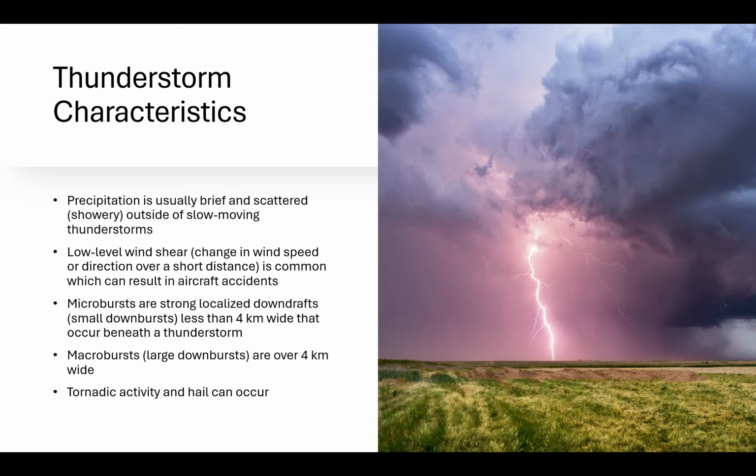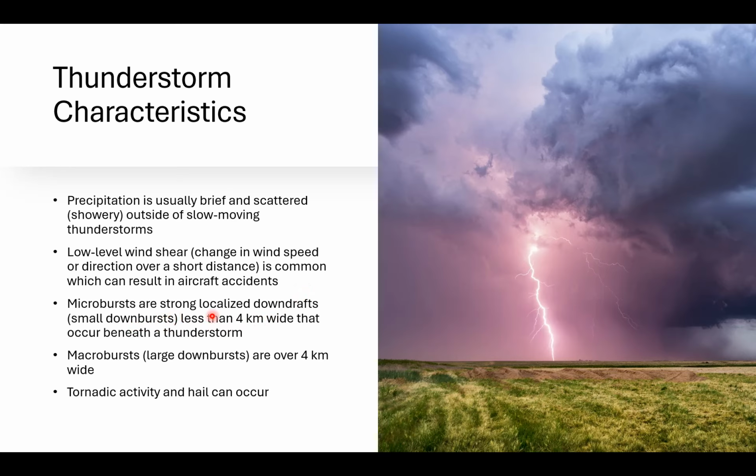Here's some additional information about thunderstorm characteristics. Precip is usually brief, scattered or showery outside of slow-moving thunderstorms. Low-level wind shear, the change in wind speed or wind direction over a short distance, is quite common with thunderstorms. And that's a big problem around airports. There have been a lot of aircraft accidents, unfortunately, when pilots are trying to make a final approach to a runway, and you run into a downdraft or this crazy low-level wind shear, lots of changes in wind speed or direction over short distances.